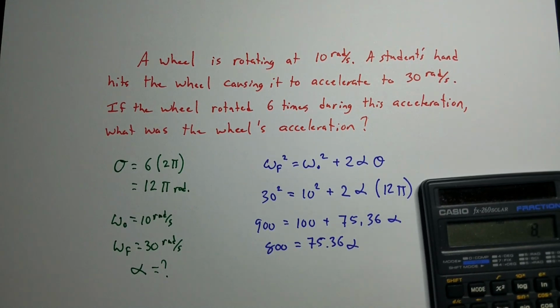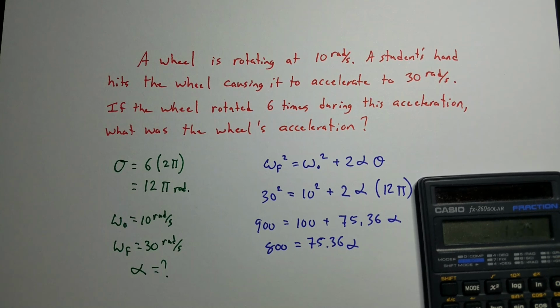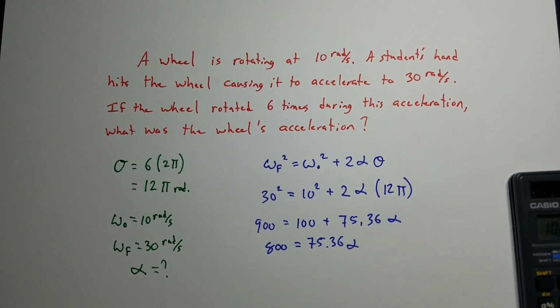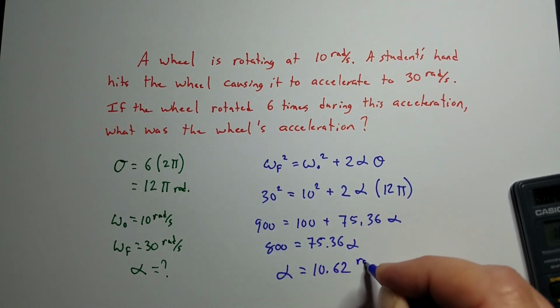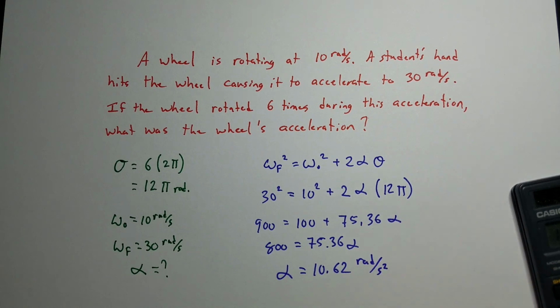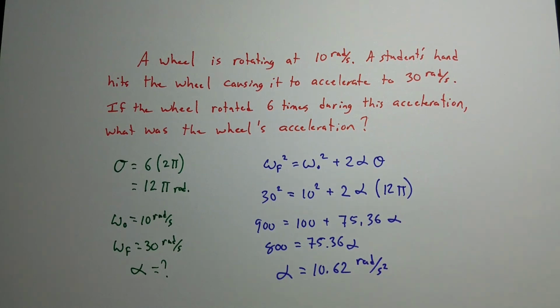Let's go ahead and divide: 800 divided by 75.36, and we get 10.62 radians per second squared. See, very similar problems to when we did linear kinematics.